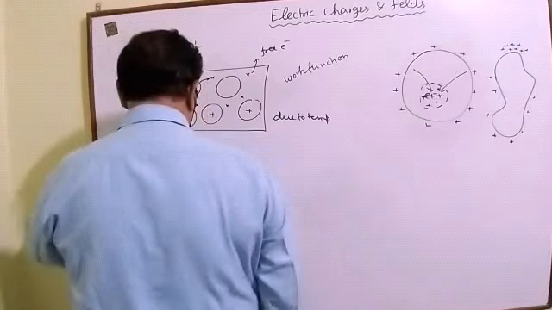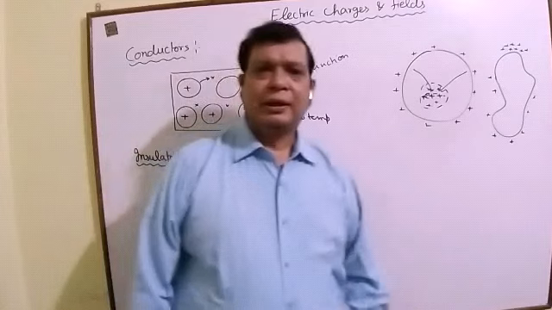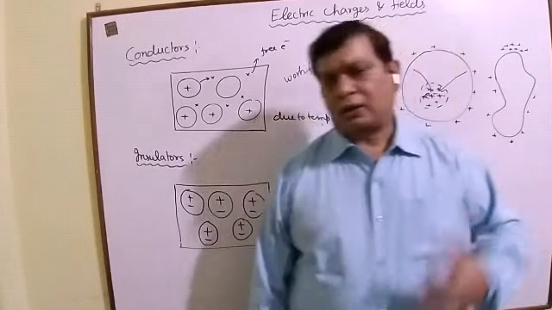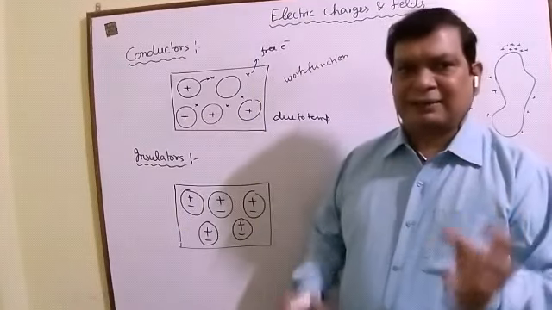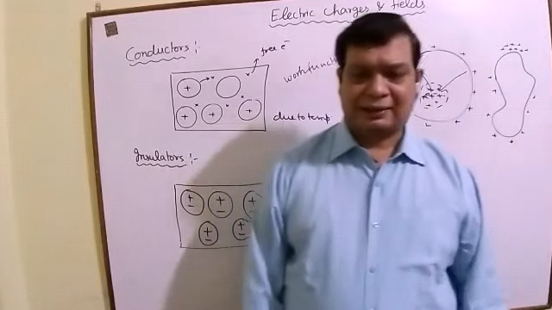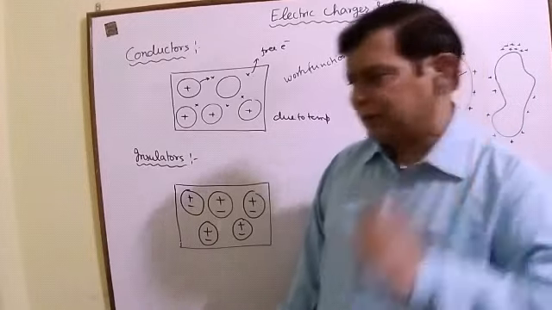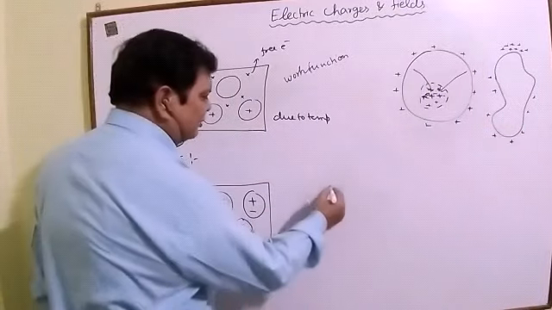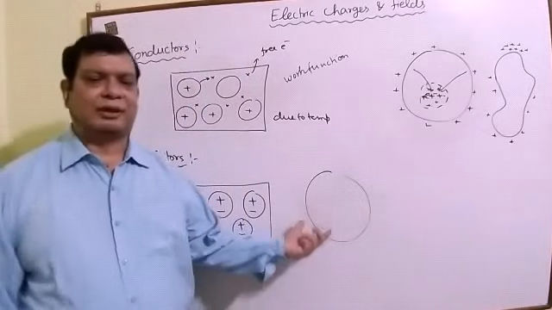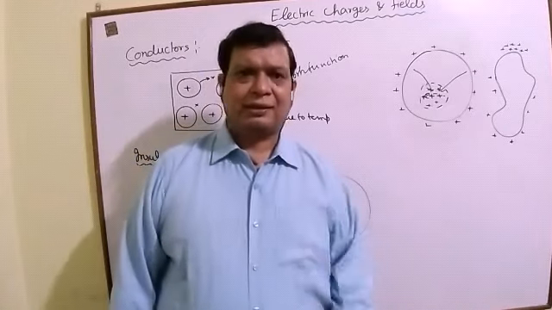Now, coming to insulators. Insulators are those substances in which there are a negligible number of free electrons, or positive and negative ions are tightly bound. Such substances are also known as dielectrics. In insulating materials, if charge is given, then the charge remains in a localized region.